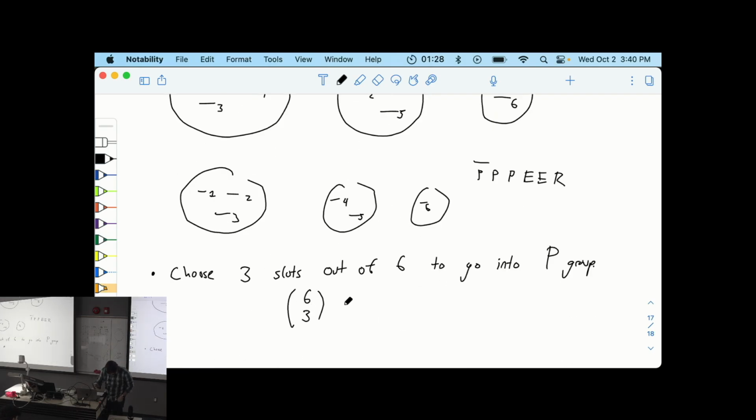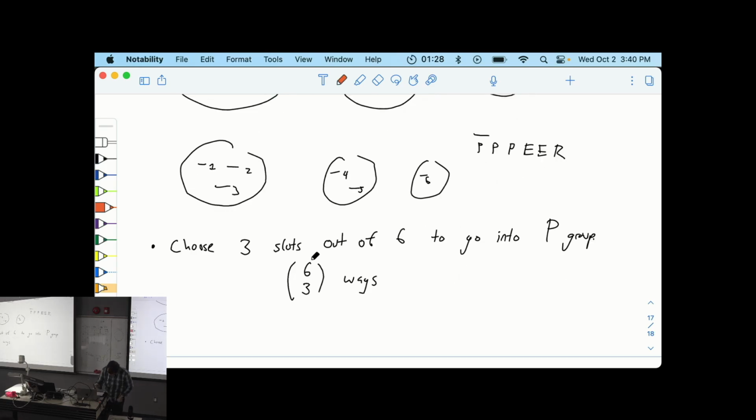6 choose 3 ways. And so 6 choose 3 is the number of ways when you have 6 things to pick an unordered group of 3 of them. So this is the total on top here, the total things. And this is the number in the unordered group. The last example we did was with a hand of cards where the order doesn't matter.